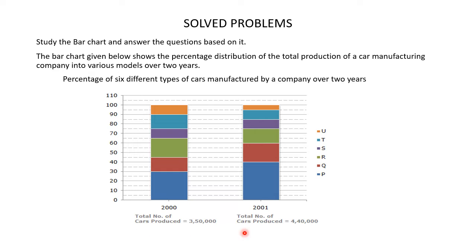Now, using all this data given in this bar graph, you have to answer the given questions. Now, instead of using this bar graph and repeatedly looking out and searching for the data in this bar graph, you can do a common interpretation of the data given in this bar chart and tabulate the values.